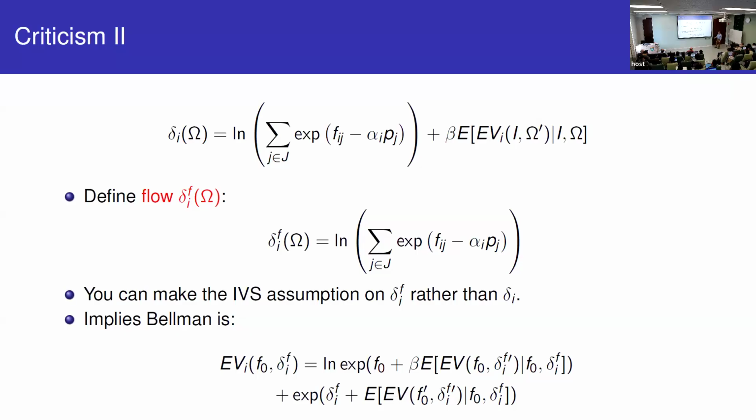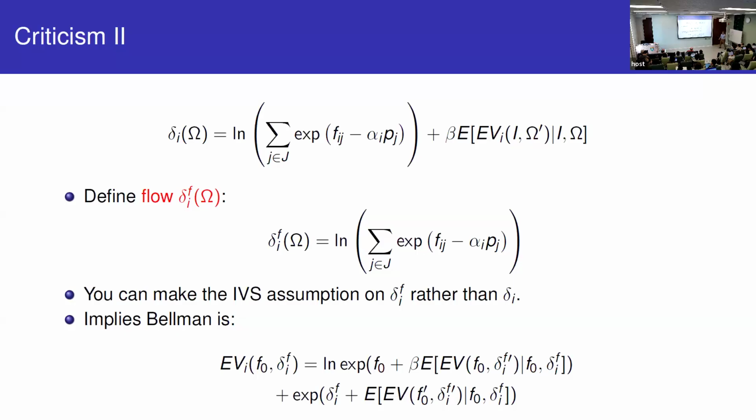Okay, so then we can rewrite our Bellman equation, where, I'm missing a parenthesis here, there's the flow utility plus the continuation value. Now here, instead of just delta, we've broken it up. Now we have the inclusive value for flow plus this other continuation value.